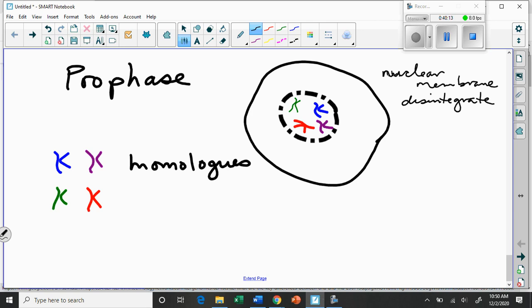So if a person gets the blue one, which makes a little more, then they will have darker eyes, or darker hair, or darker skin. But the person who gets the purple one will have lighter skin or lighter hair. That's the difference between homologs. They do the same thing, but they do it slightly differently.